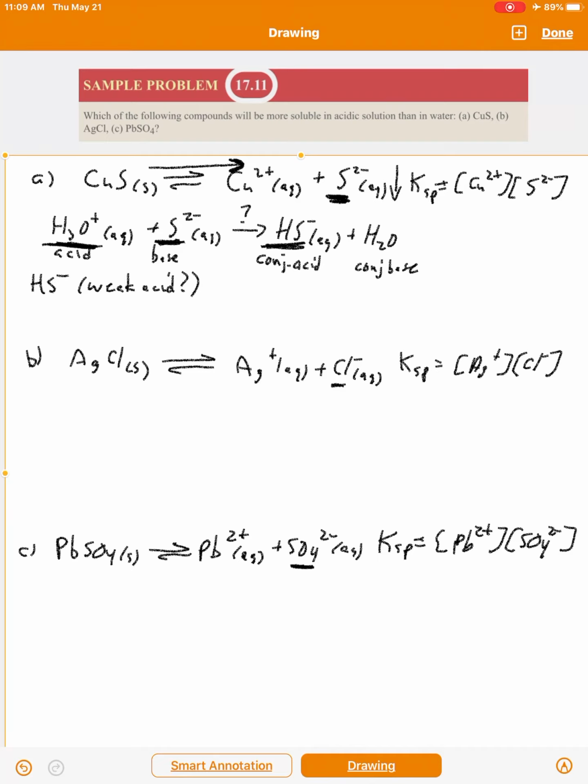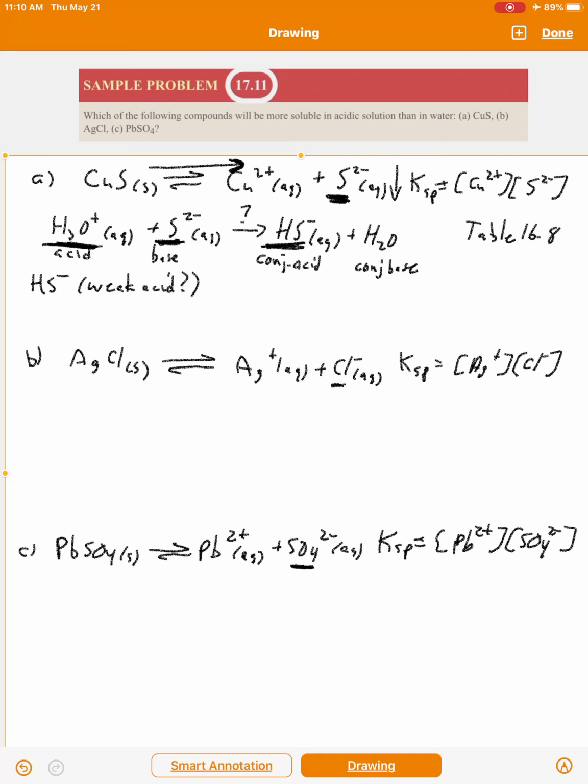And it is. If you go back to chapter 16 and look in the table for polyprotic acids, which gives you a list of the conjugate bases of polyprotic acids, it's in table 16.8.